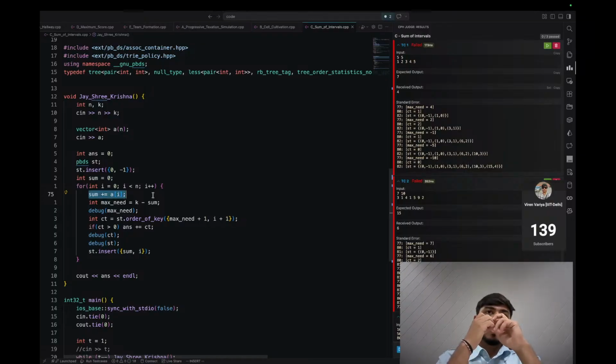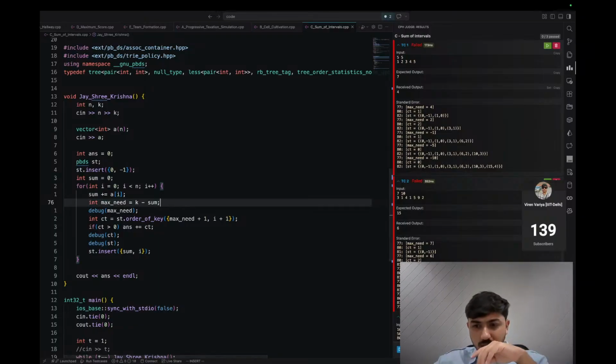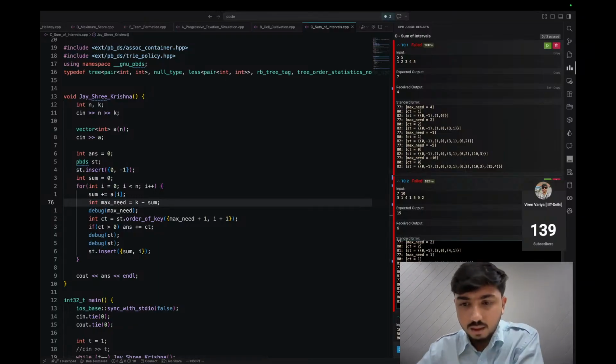Minus is not possible. Why am I getting minus? Here I'm getting minus, right?